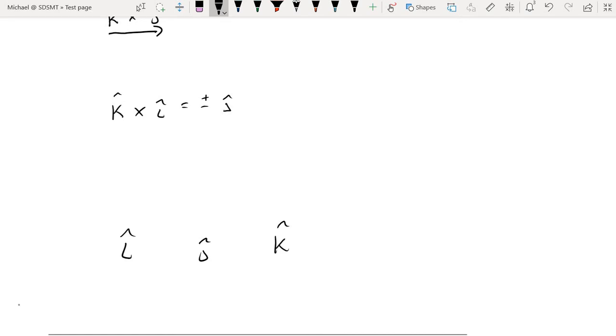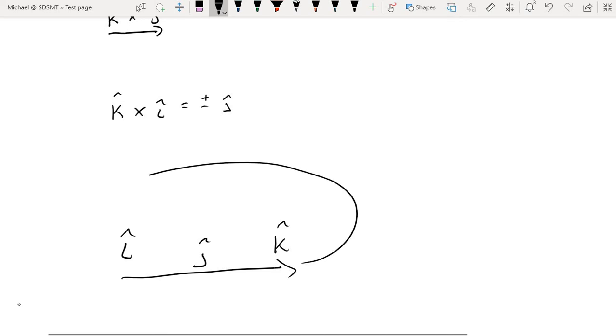And when you learned the alphabet, when you sang the alphabet song, what did you do when you got to the end of the alphabet? Well, as the song says, next time won't you sing with me? So we have to go back to the beginning of the alphabet. Our cross product up here says we're starting with K, and then we go to I hat.